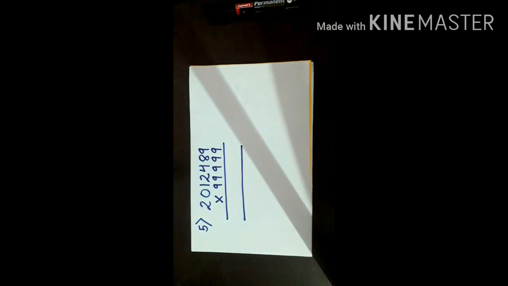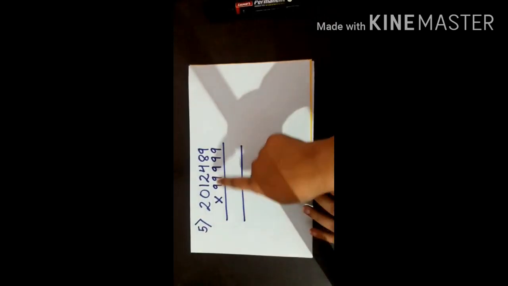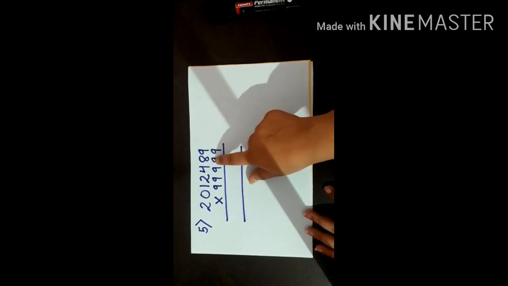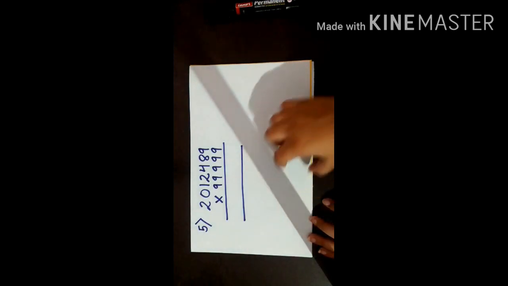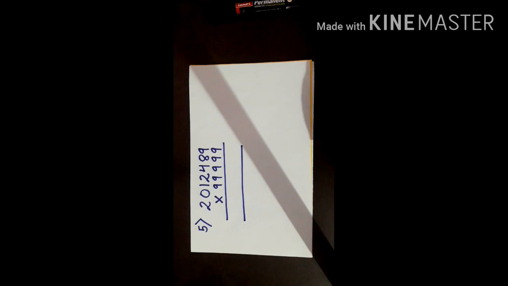Now see, students, if you multiply this number by these nines, you will get 5 rows. As 1 2 3 4 5 it is there, so you will get 5 rows. Then this much lengthy answer will be there, and it can be wrong, but by using this trick you can solve it in some seconds and the answer will also be accurate.